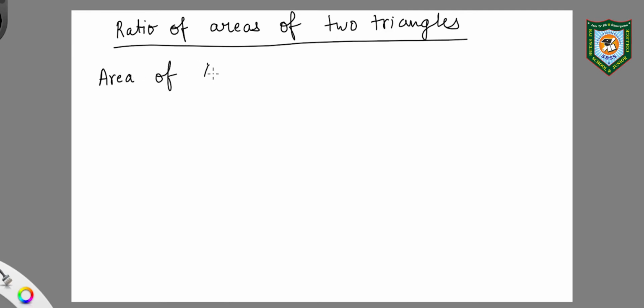So area of a triangle is defined by 1 by 2 into its base into its height. Height can also be called altitude. The terminology does not matter. All that matters is that the formula is correct. So area of triangle is equal to half into its base into height.